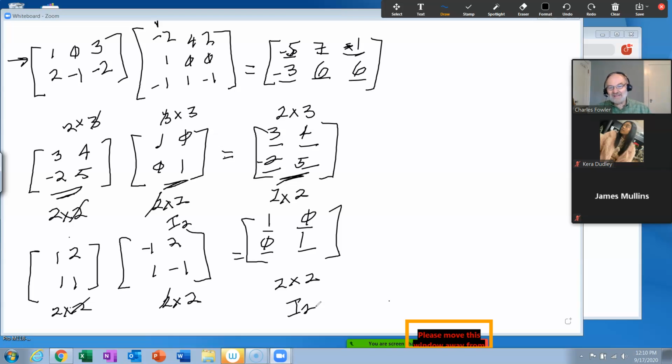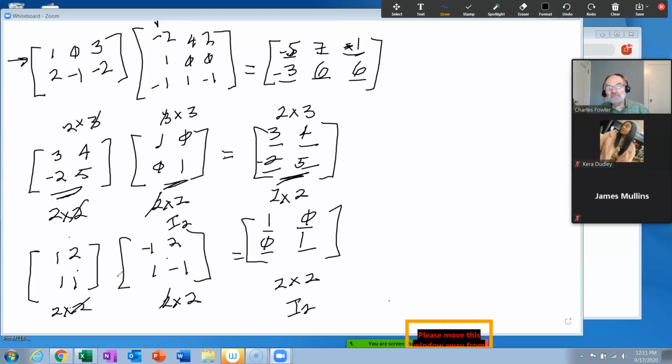And what that tells us, jumping ahead, is that these two matrices have to be square, and they have to be what they call inverses of each other. Just like multiplying 1/9 times 9 over 1 gives you the number 1, or 7/15 times 15 over 7 gives you the number 1.